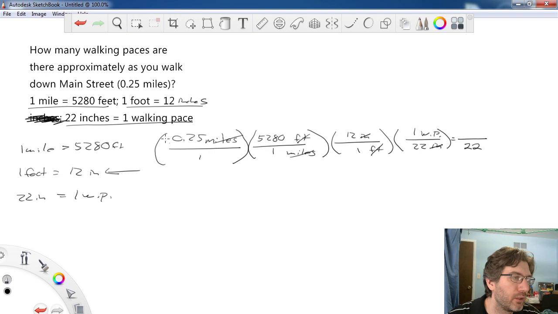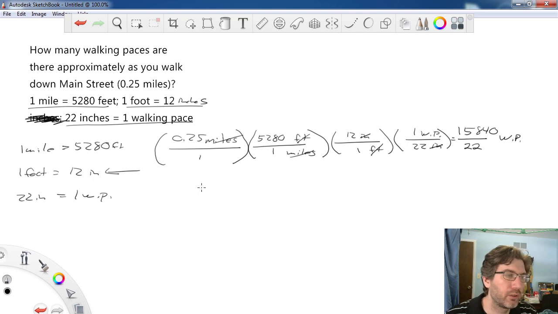My numerator is 0.25 times 5,280 times 12 times 1. So 0.25 times 5,280 times 12 gives you 15,840. So this is 15,840 divided by 22 walking paces. And then you've got to deal with that fraction.